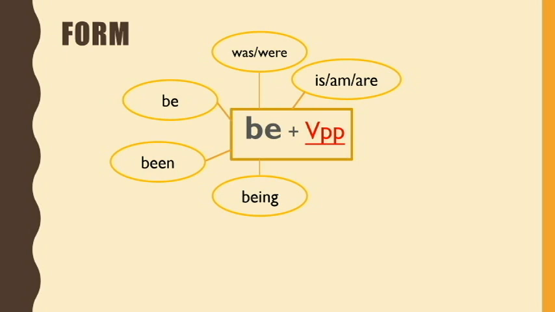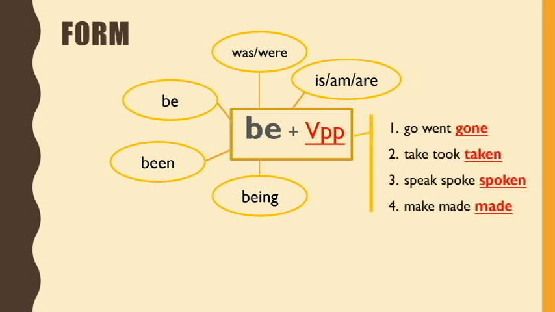VPP is past participle. So what is a past participle? Mind the red words now. Go, went, gone, gone. Take, took, taken, taken. Speak, spoke, spoken, spoken. Make, made, made, made. The red words are VPP, past participles.